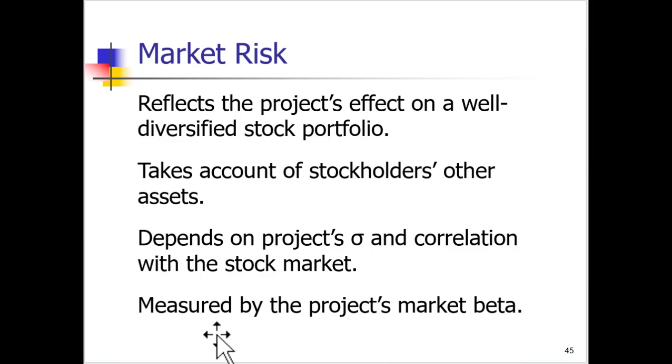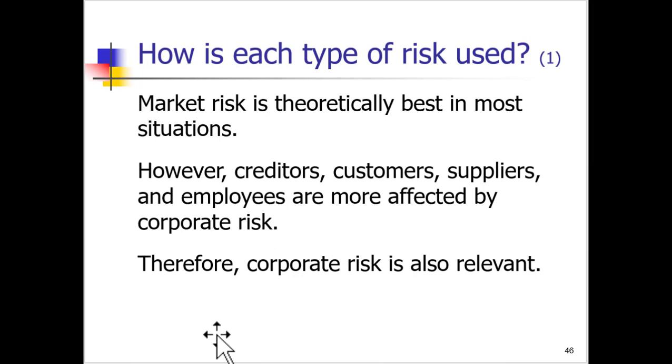So we're going to measure this with the project's market beta. So now we've introduced different kinds of betas. We have market beta, we have corporate beta. We're going to talk about asset beta. All of these things, we understand what beta means. They just have different contexts in how we're using them.